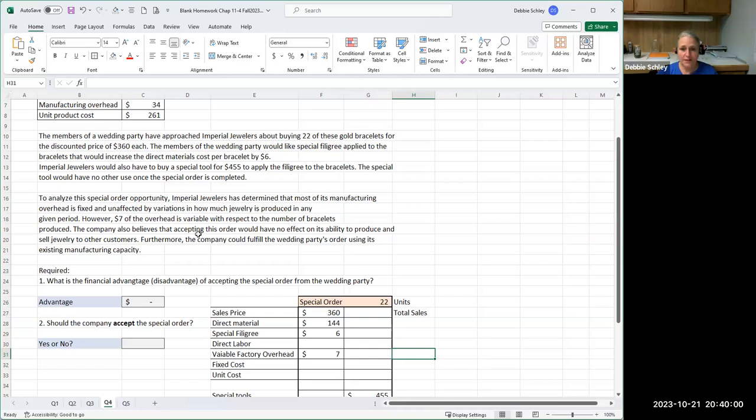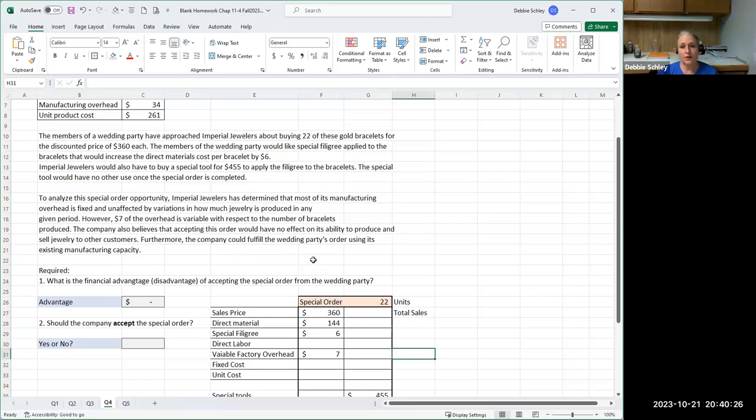The company also believes that accepting this order would have no effect on its ability to produce and sell jewelry to other customers. Furthermore, the company could fulfill the wedding party's order using its existing manufacturing capacity. That just means that other than that special tool, they don't have to buy any other capacity, and it's not going to affect any of their current orders.